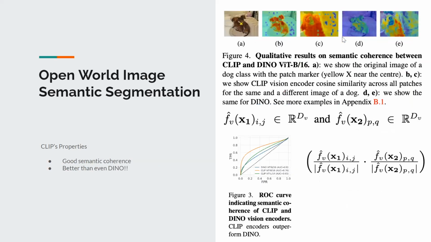Okay. Now, the second property that we want to look at is semantic coherence. What does that mean? That means that I want to see whether the pixels that are on the same objects come together and have very close embedding space. That's what we meant by semantic coherence. We run a bunch of experiments, same thing.